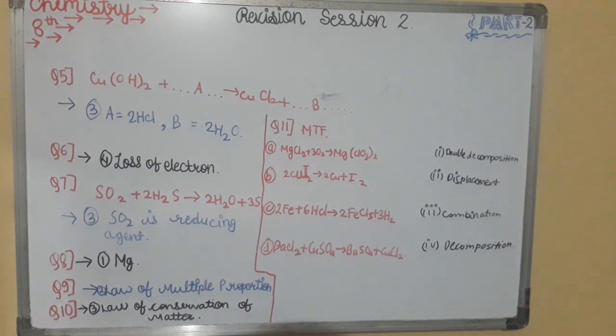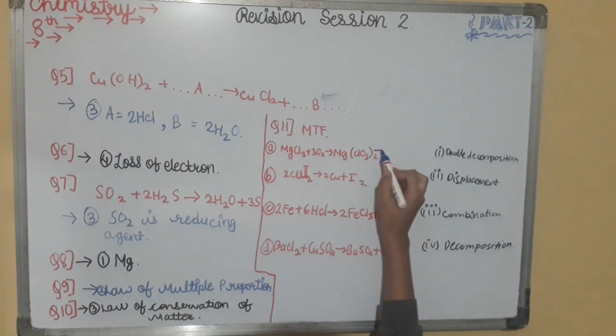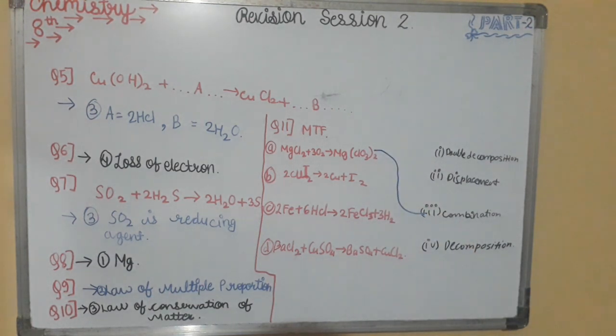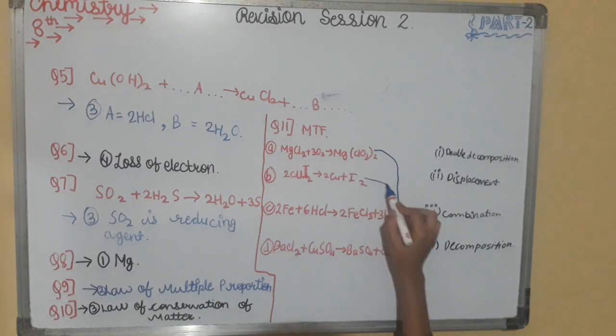The right answers are: A, MgCl2 plus 3O2 gives Mg(ClO3)2, is a combination reaction. B, 2CuI2 gives 2CuI plus I2, is a decomposition reaction.